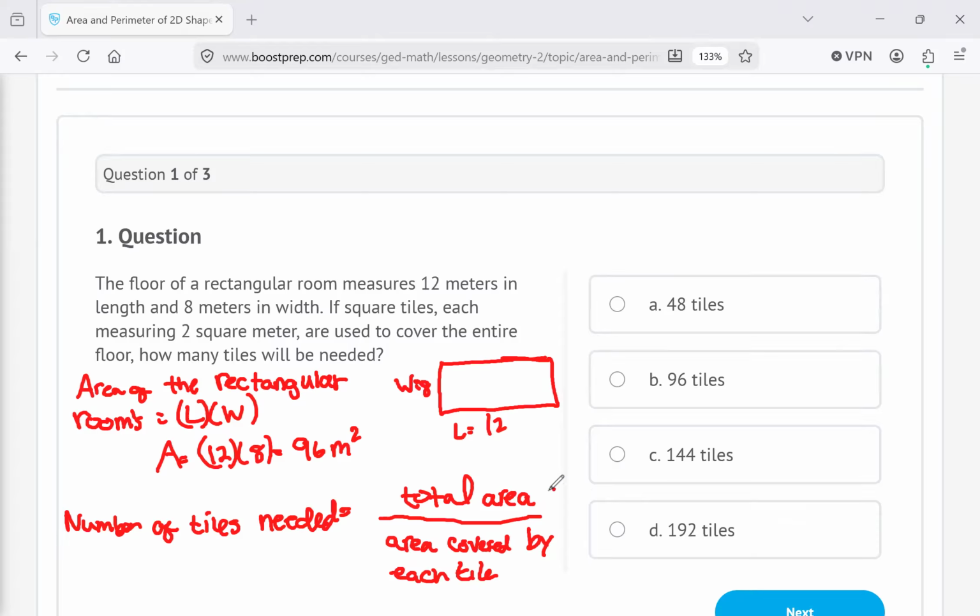The total area we found is 96, and the area covered by each tile is 2. This is meter squared and this is meter squared. So number of tiles would be 96 over 2, which is 48 tiles. So that would be A.